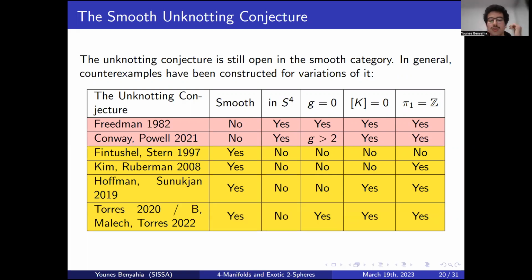And in 2020 and 2022, there was joint work of me and Malik and Torres. We constructed smooth spheres, so genus 0, and null homologous with pi_1 equal to Z, that are exotic. So it added the extra condition that the genus is 0, that they are spheres.